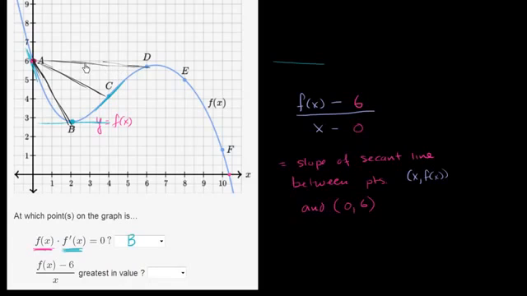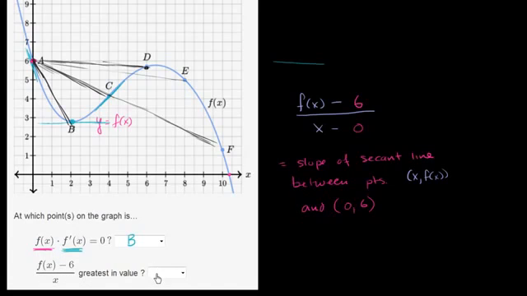And then between A and E, it becomes more negative now. And then between A and F, it becomes even more negative. So when is the slope of the secant line between one of these points and A the greatest? Or I guess we could say the least negative, because it seems like they're always negative. It would be between point D and A. So when is this greatest in value?